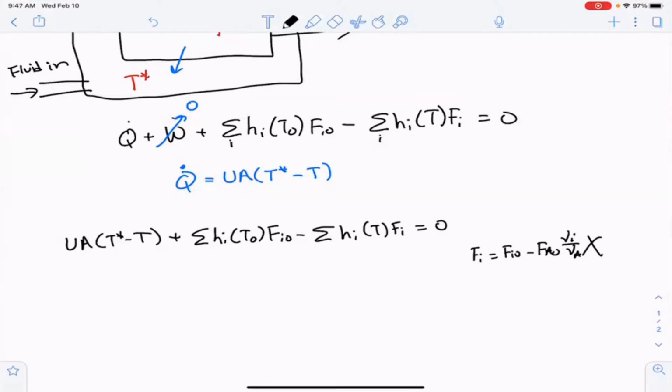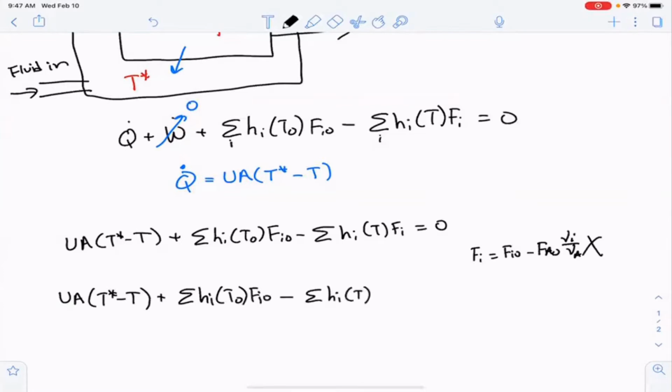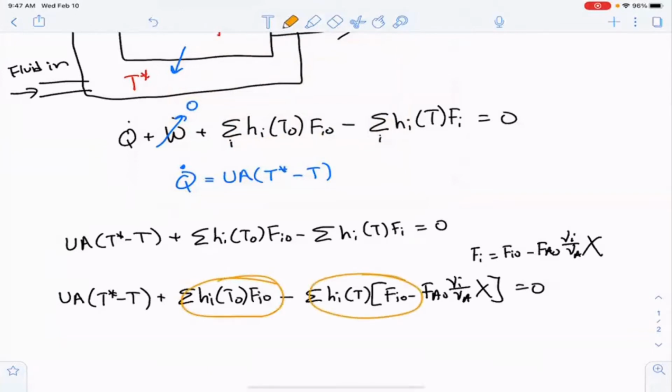And so we ended up then simplifying the right-hand terms here, and we got UA times T star minus T plus the sum of Hi at T0 times Fi0 minus the sum of Hi of T times Fi0 minus FA0 times the ratio of the stoichiometries times the conversion. And then we group terms. So if you remember, last time we grouped this term with that term.